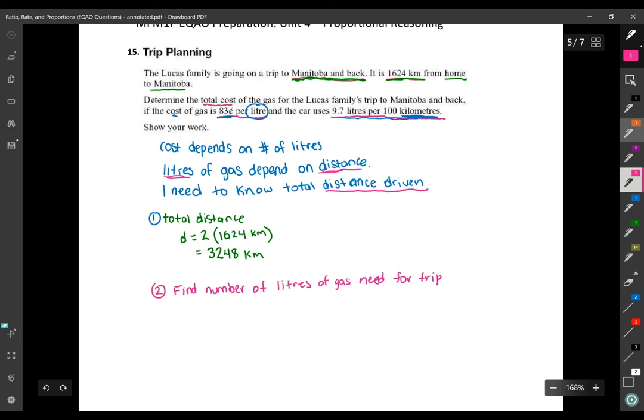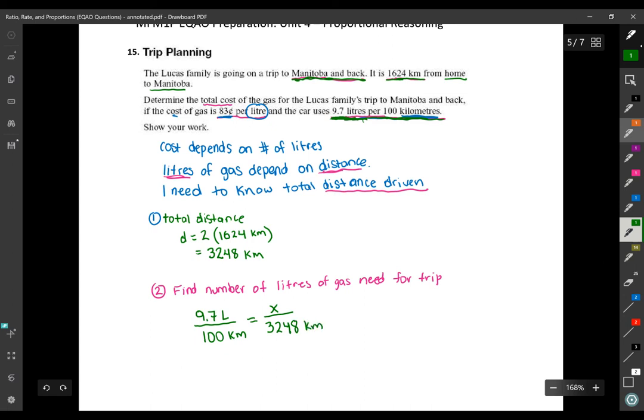Okay, so what I know is that the car, and it says it right here, the car uses 9.7 liters per 100 kilometers. So I'm going to set up a proportion, okay? 9.7 liters per 100 kilometers. So I want to figure out how many liters they're going to need if they travel 3,248 kilometers.